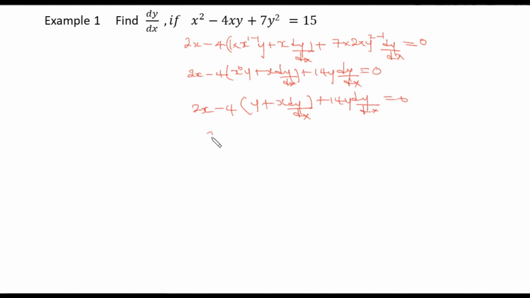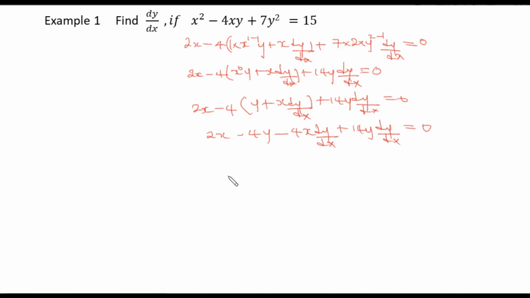Then we expand the bracket: minus 4y, minus 4 times x is minus 4x dy dx. You expand the bracket, plus 14y dy dx is equal to 0.